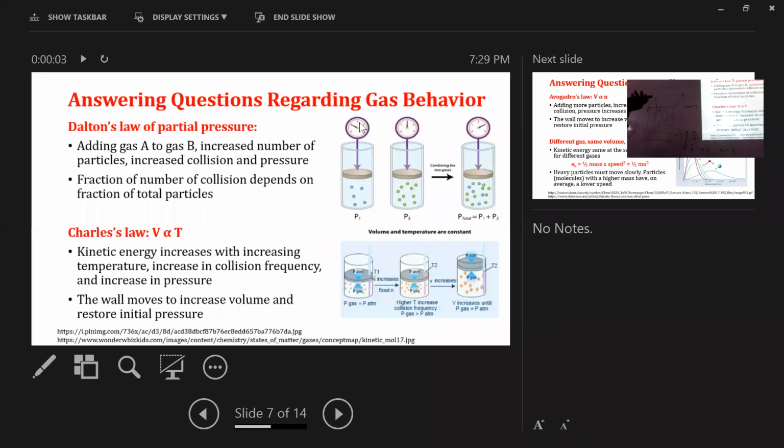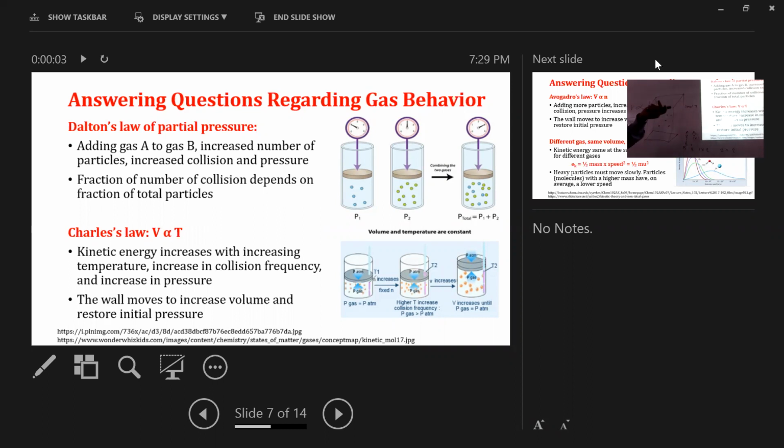So adding gas A to gas B increased the number of particles, increased collisions and pressure. If you add two gases, you will get more molecules, so more collisions. Therefore, the pressure will increase.